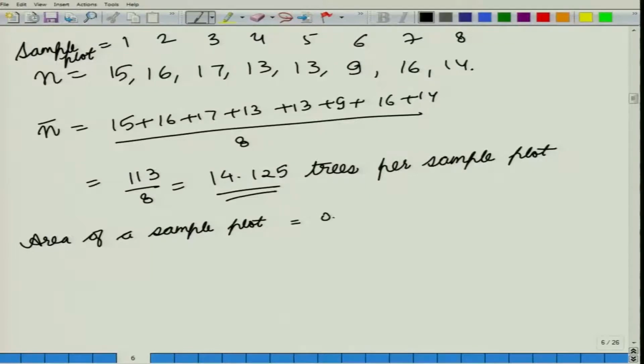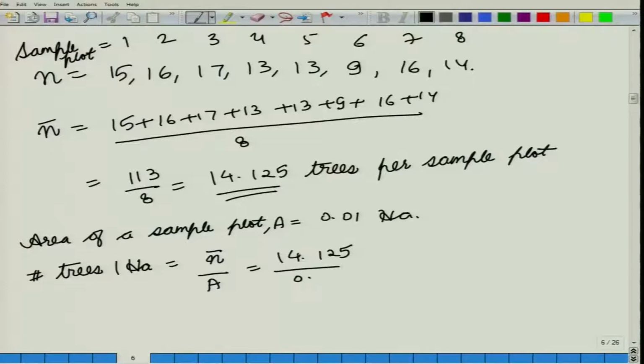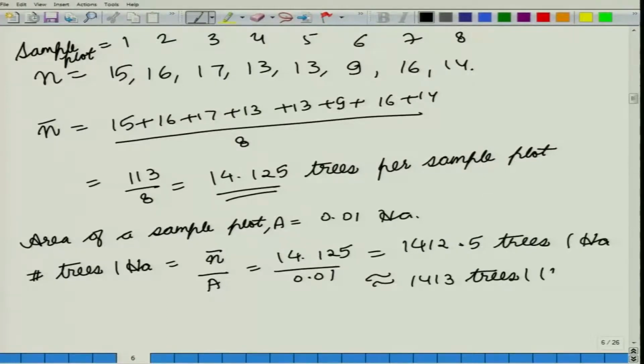It is given to be 0.01 hectares. So, what are the number of trees per hectare? That would be n bar divided by this area A, which is 14.125 divided by 0.01, equal to 1412.5 trees per hectare, or we could also round it off to give 1413 trees per hectare.